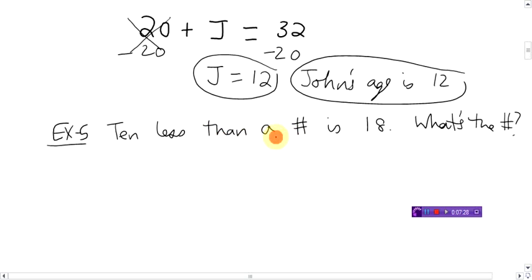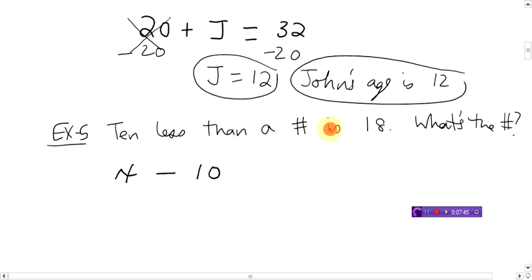So you have the number, which we can call x, and we take 10 off of it, 10 less than that. That's how you write it. It's not 10 minus x. 10 less than a number.